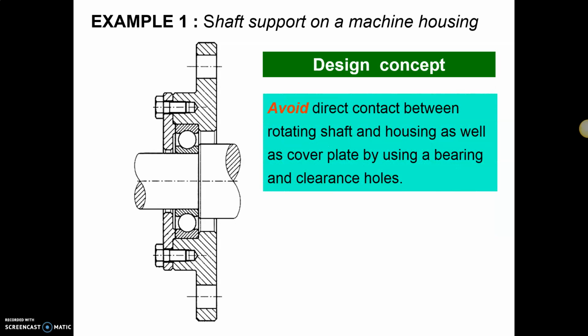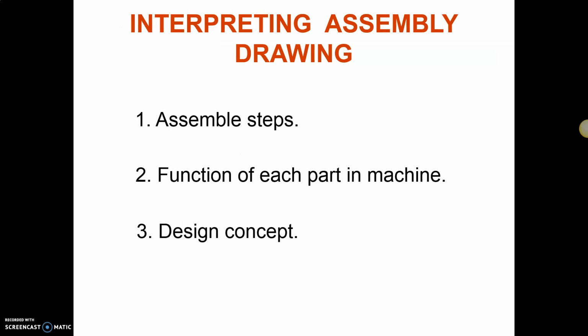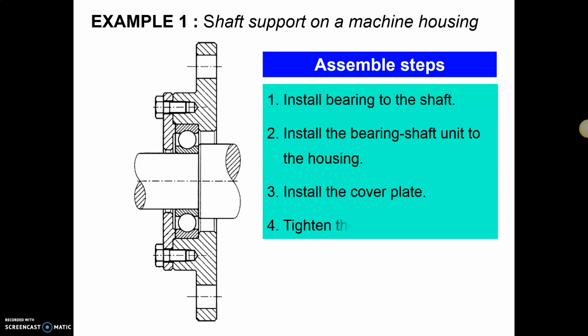And the design concept is to try to avoid direct contact between the rotating shaft and the housing, as well as the cover plate, by using a bearing and clearance hole. So these are a few steps that are required in interpreting the assembly drawing.